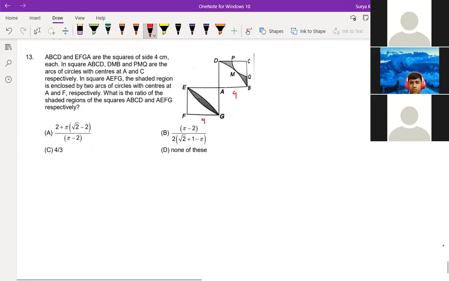Shaded region we should find. This one ratio you can find easily. This area, how to find this area? Because P and these are not midpoints, right? How to find the area of the smaller one?